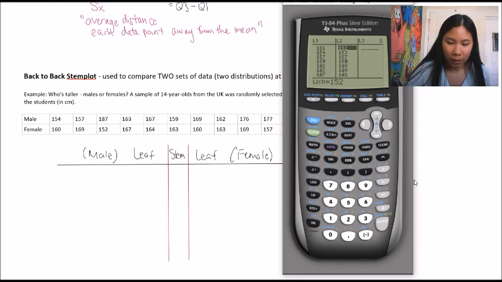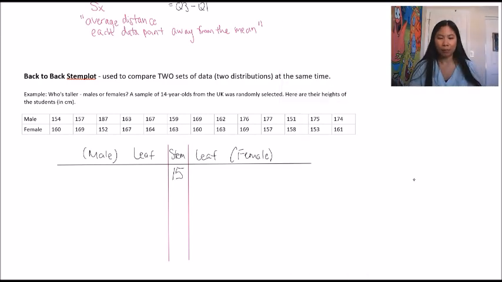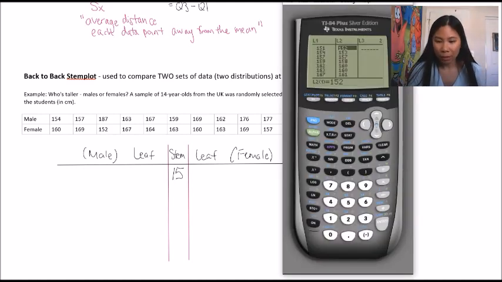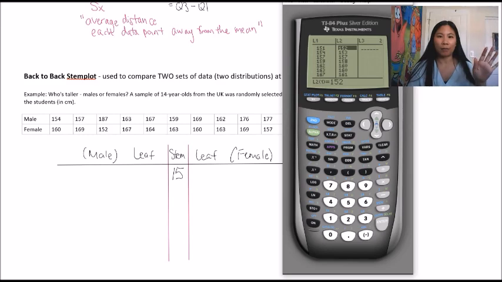So writing this on my back-to-back stem plot, I'm going to have a stem of 15, and it looks like for the males, that was L1, the smallest number was 151, and then 154, and then 157, 159. So that means I'm going to have leaves of 1, 4, 7, and 9, because that's the last digit of each data point. So when we talk about males, since it's on the left side of our stem plot, the smallest one always goes towards the stem.